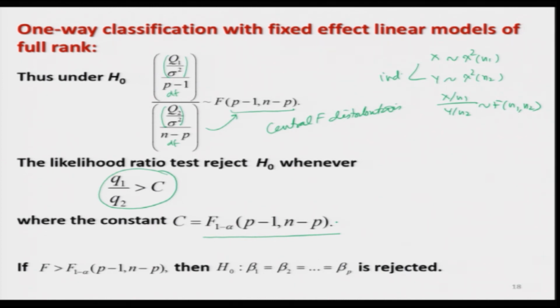Now, you have to understand one thing. When we did the likelihood ratio test, coming from this step to this step, we used several results, several methodologies, several concepts, and then we obtained this.